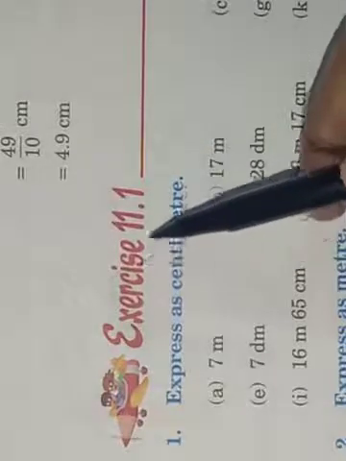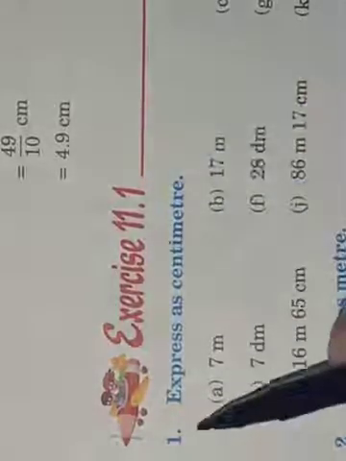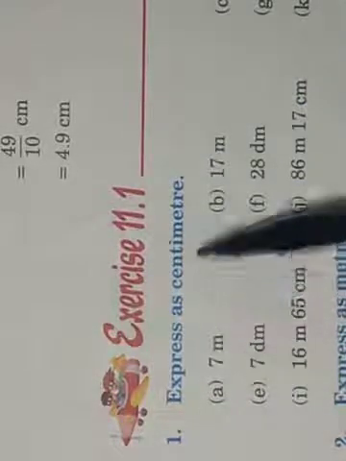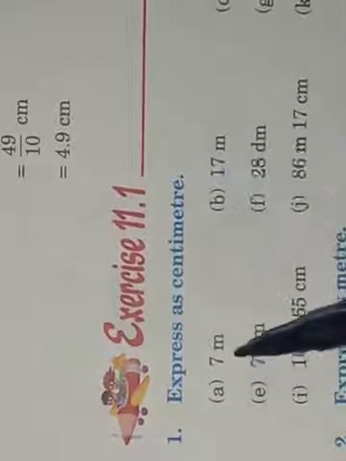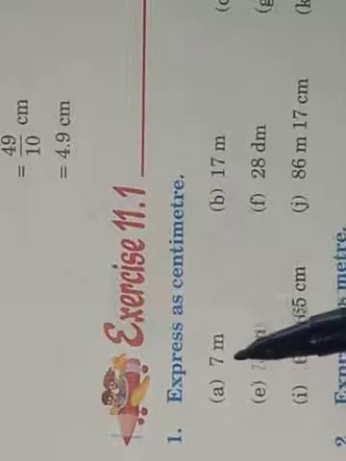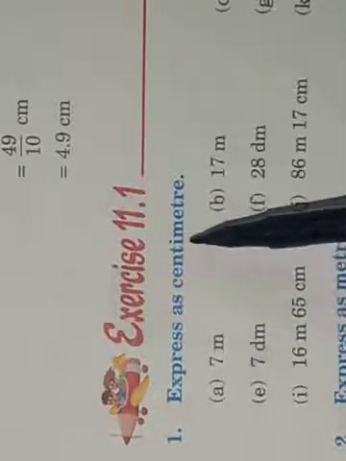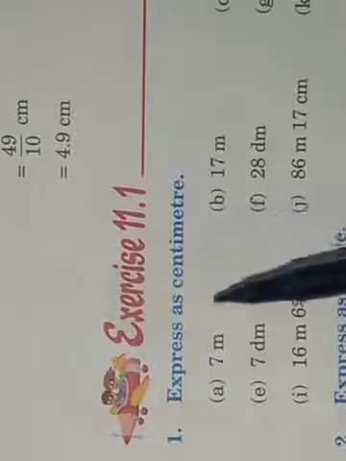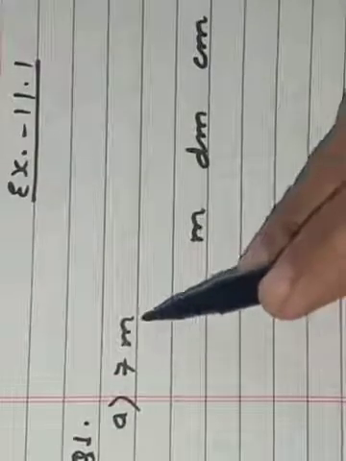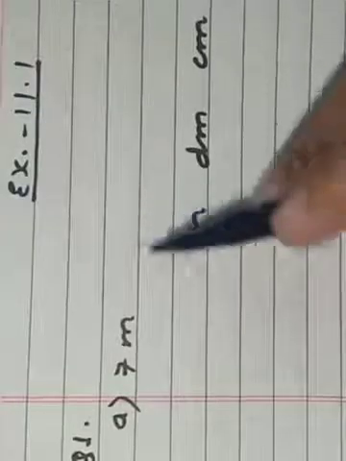Let's start exercise 11.1. Question number 1. Express as centimeter. A. 7 meter. We have to convert 7 meter into centimeter. Okay. So let's solve it. First count the places to the right up to centimeter.